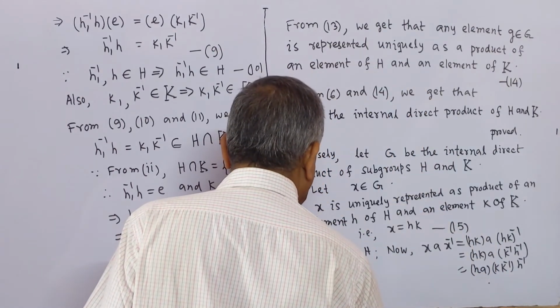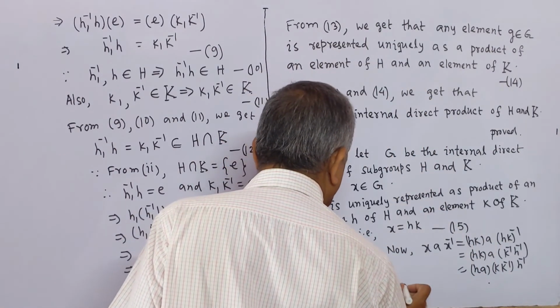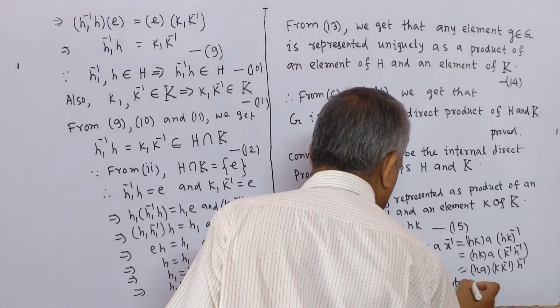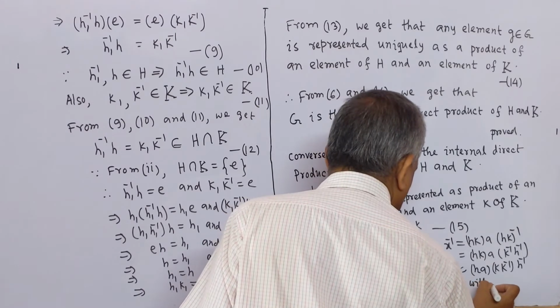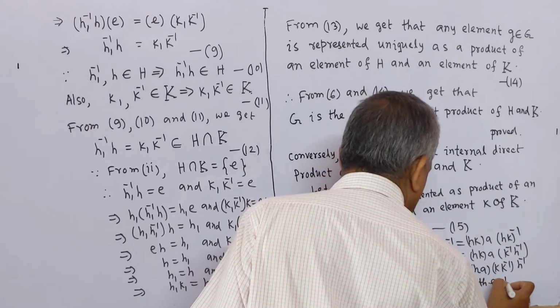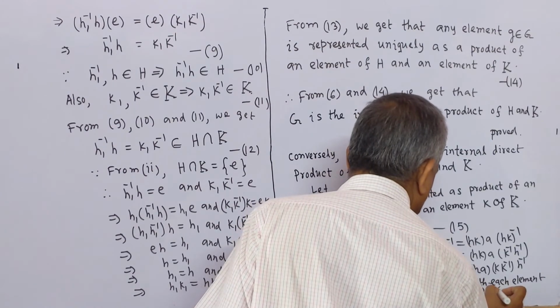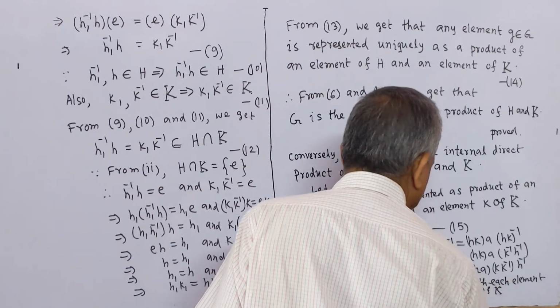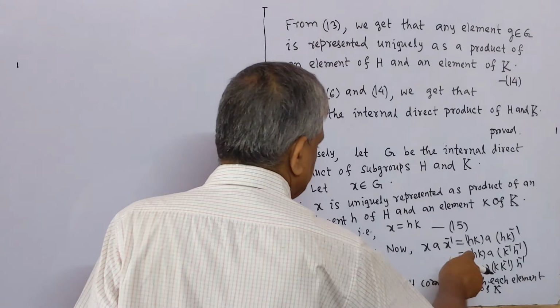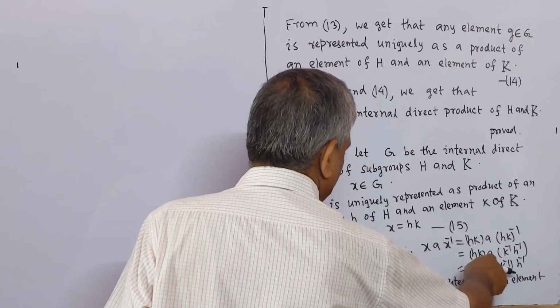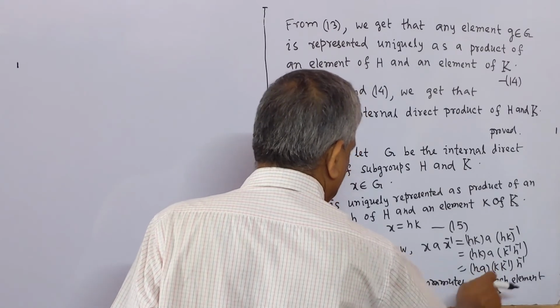Since each element of subgroup H commutes with each element of subgroup K, here we have KA and we have written here AK.